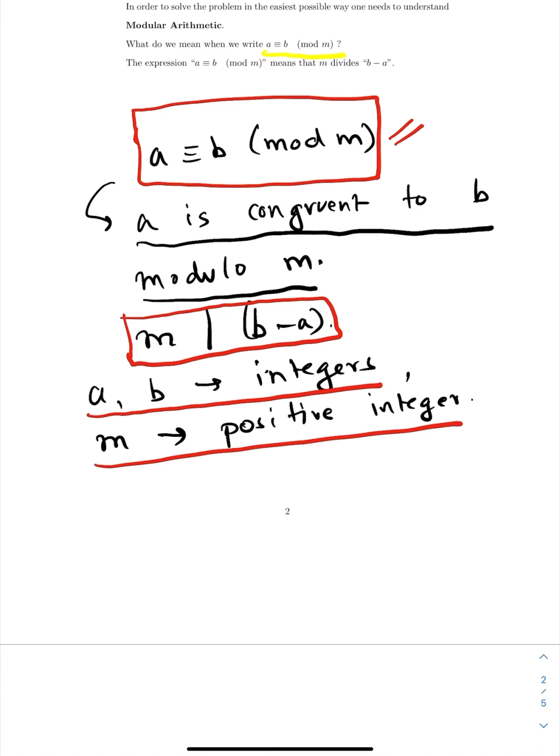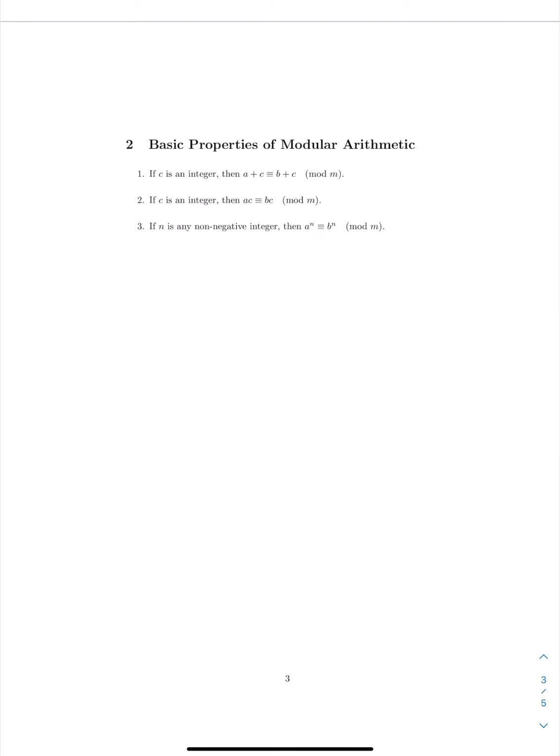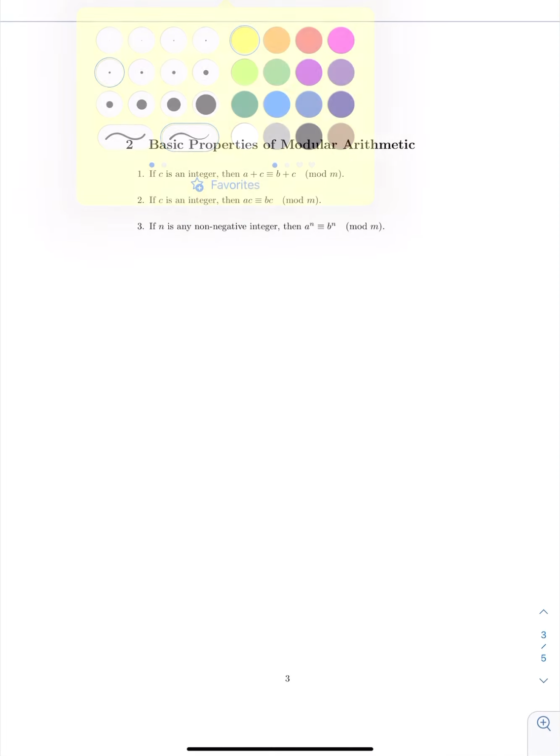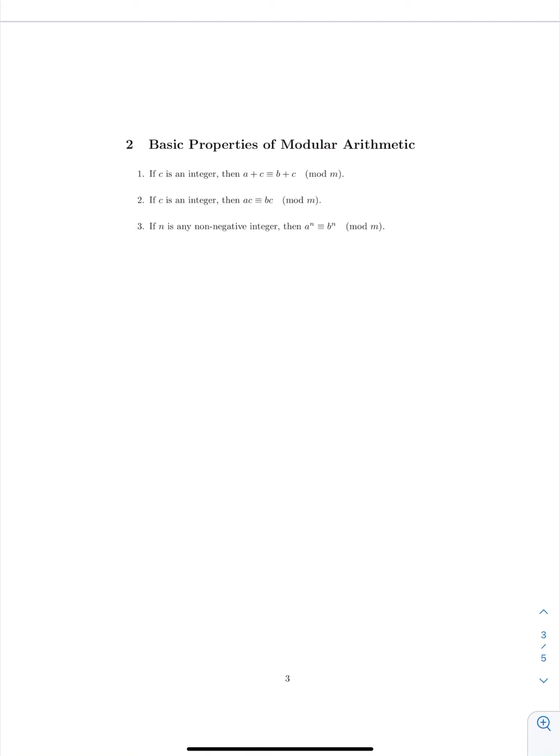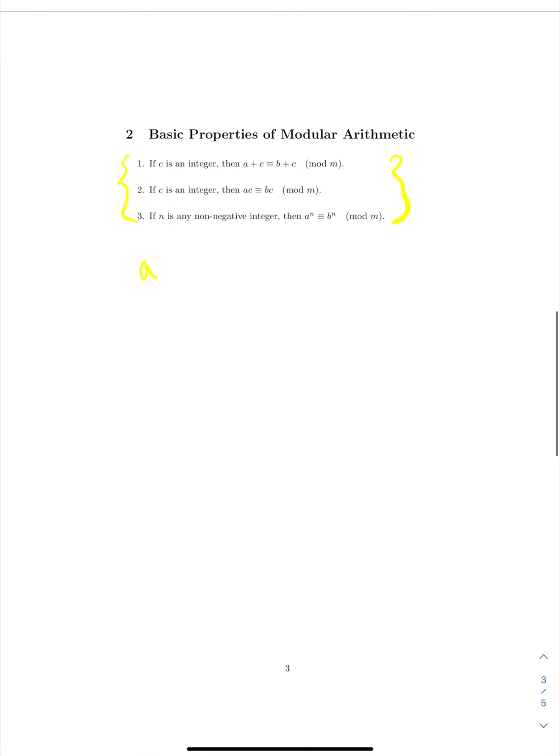Now we will go into understanding some basic properties of this notation and of modular arithmetic. All of these are given considering that a is congruent to b modulo m.